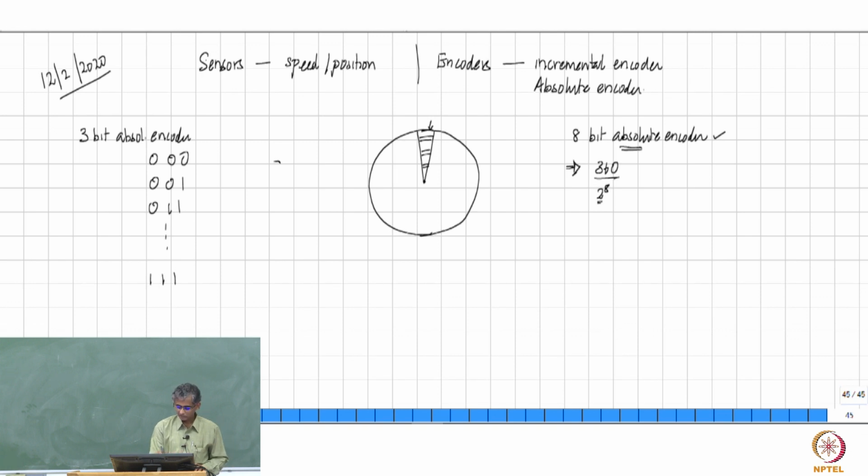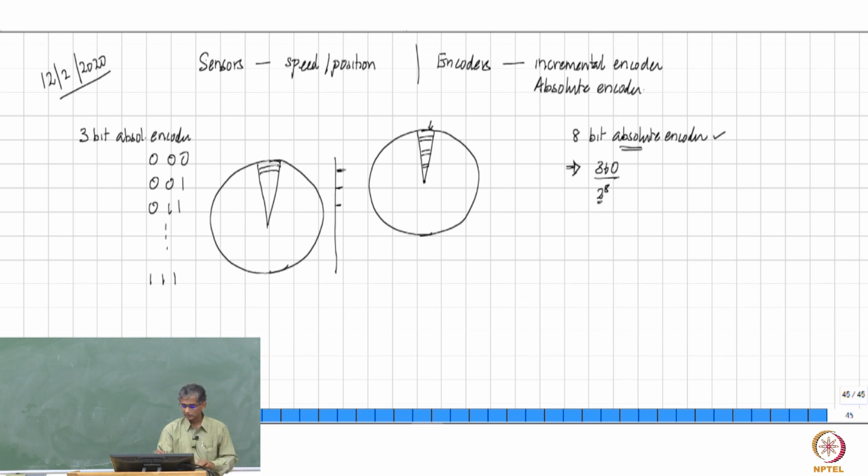So it means that if you have a disk and you have certain angle, let us say that you are going to put an LED detector in this, along the disk: you put one detector here, one detector here, and one detector here. It means that in the region here, you either have a slot or you don't have a slot.